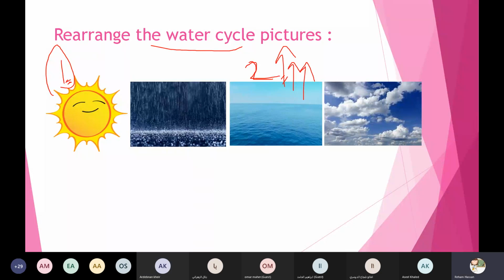Yes, the clouds. So this water vapor forms the clouds, and these clouds give us rain, or fall to the earth as rain. Amazing. Thanks a lot, Aris, and thanks, Omar.